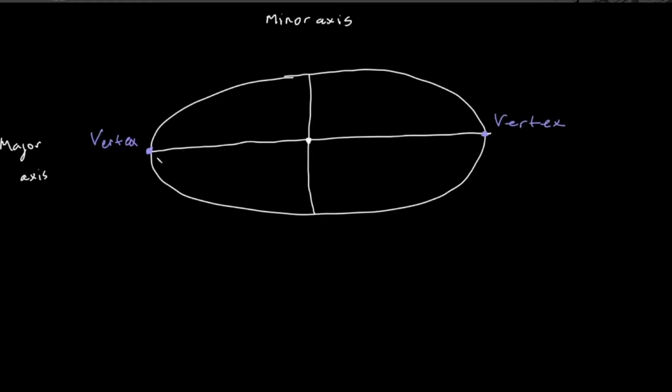And this distance is A units. So the length of the major axis is actually 2A units. Now, the minor axis, we call these endpoints the co-vertices. This distance is B units. So actually, the length of the minor axis is 2B units.